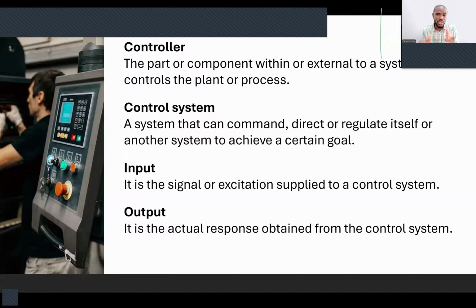A graphical model, what we do in engineering drawing and drafting, is to represent a given component, a given concept, a given machine in a graphical way so we can visualize it. Are you following me? So those models are different from mathematical models. Mathematical models are expressions that represent a physical phenomenon, a physical concept, an event that happens in real life.